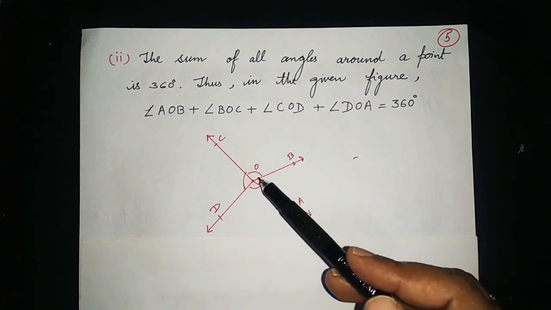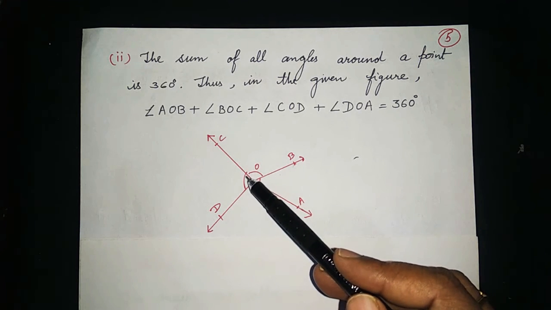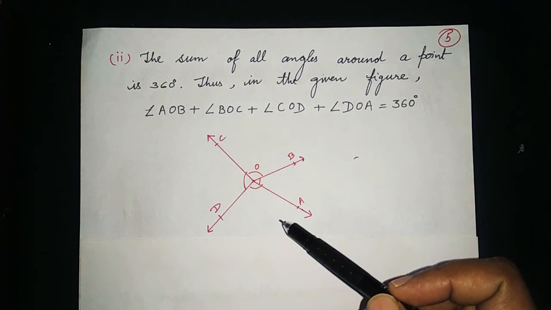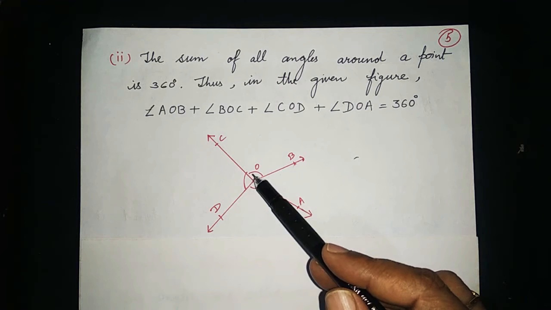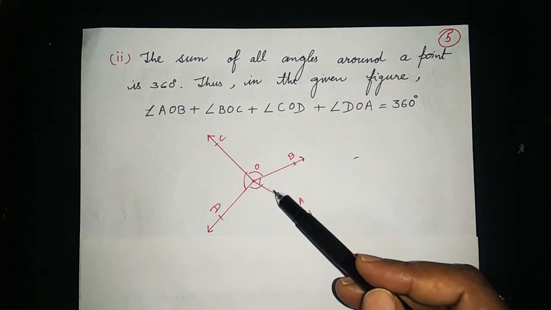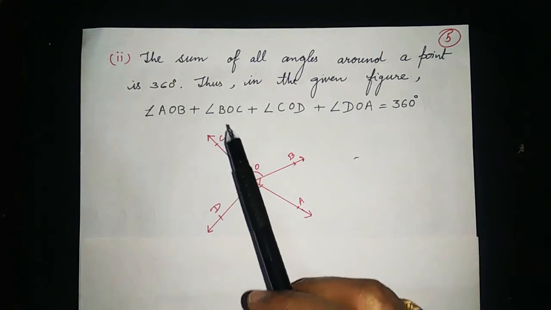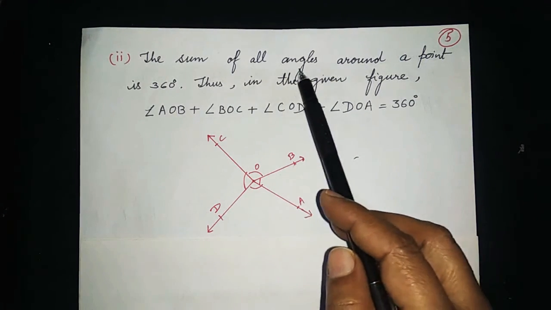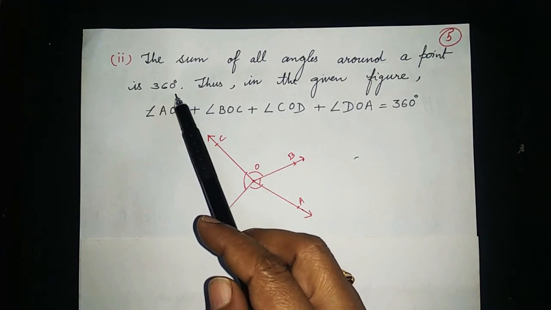So you know about complete angle, and I think you know the measure of complete angle is 360 degree. So what will be the sum of these four angles? Sum of these four angles will be 360 degree. Okay? So you can say that the sum of all angles around a point is 360 degree.